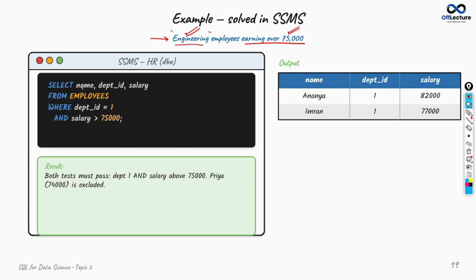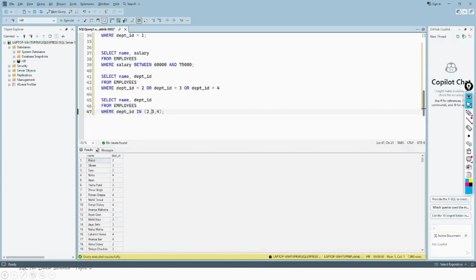We will write select name, department ID, salary from employees where department ID is equal to 1 and salary is greater than 75,000. So the result you will get is where both tests must pass. That is, department should be 1 and salary should be greater than 75,000. So let's see what output you will get here.